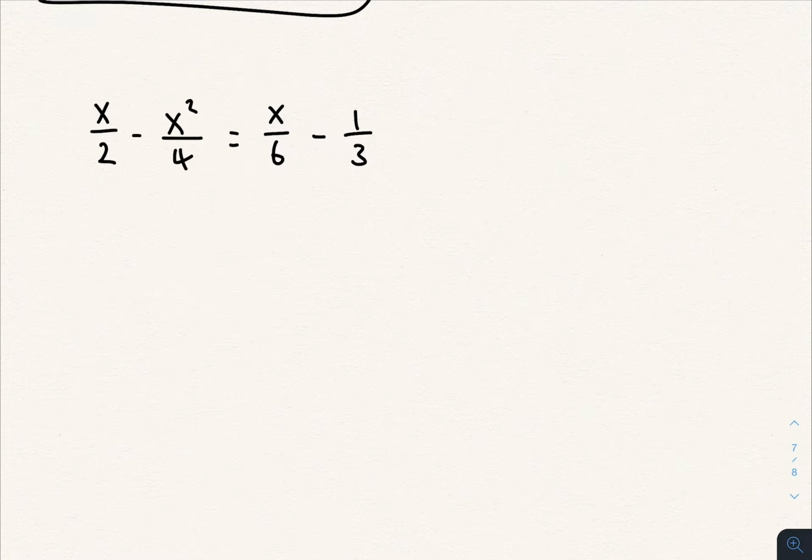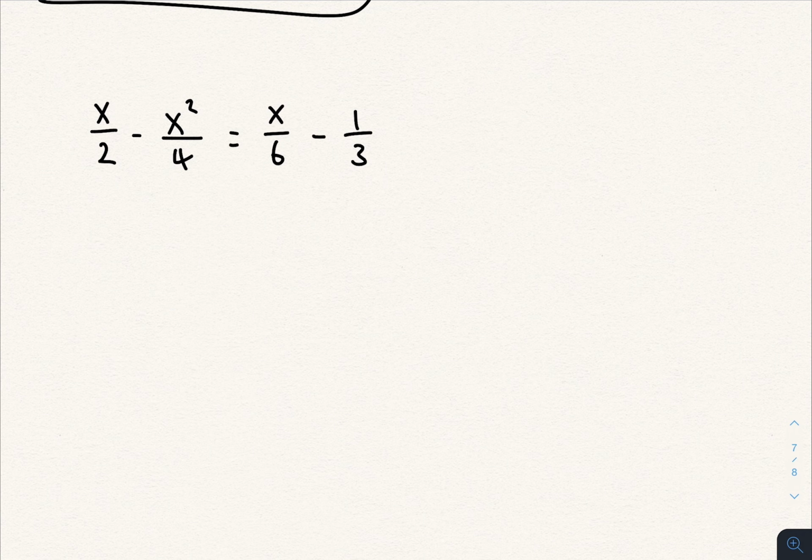Let's try a little bit more complicated example before we finish up today. So let's say we have something like x over 2 minus x squared over 4 equals x over 2 minus 1 over 3.